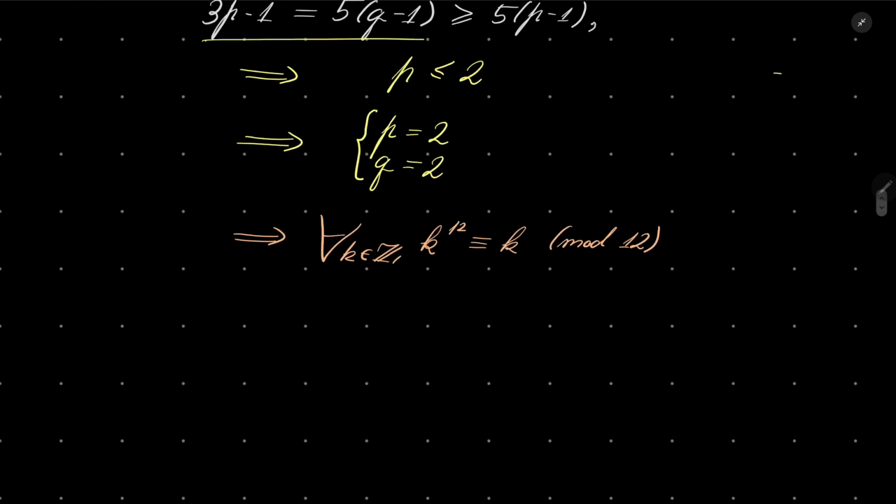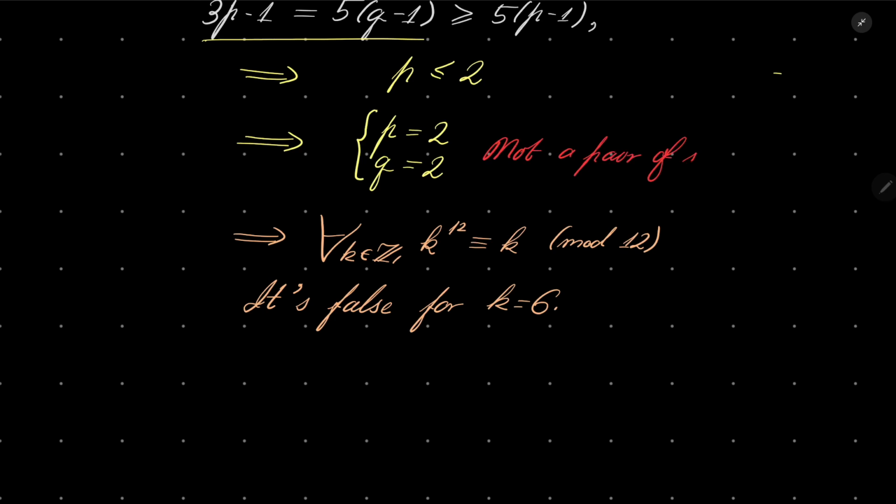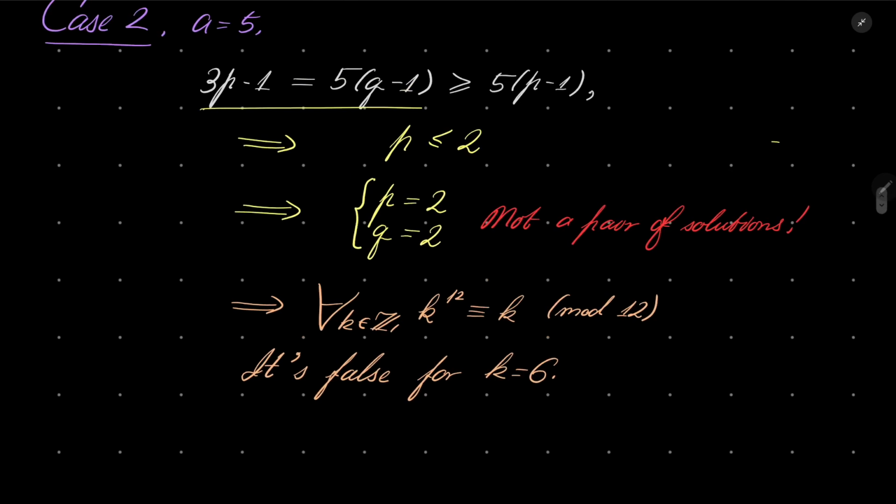It's false. For example, for k equals 6, it should be pretty easy to see that it is false. So it's not a pair of solutions. Okay, let's consider the next case.